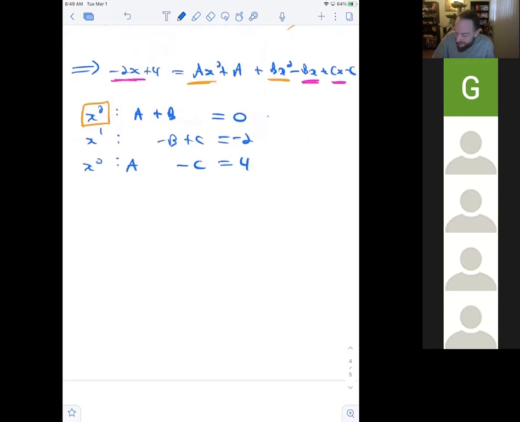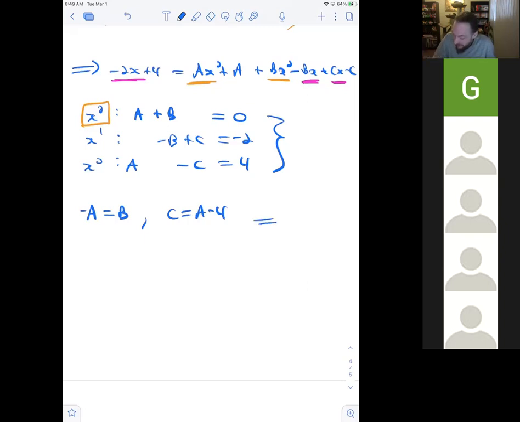Therefore, solving this linear system, usually, especially on exams, I'll make it sparse enough so that you don't need a bunch of linear algebra to solve this. But the first equation says negative a is equal to b. And then c is equal to a minus 4 from equation 3.